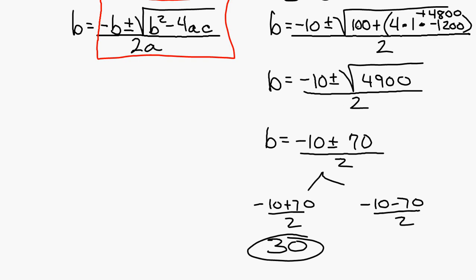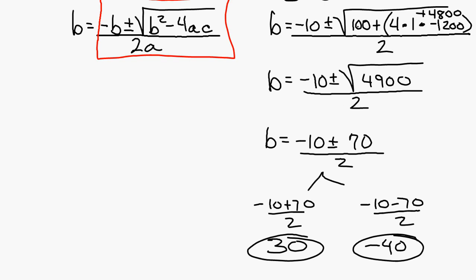Since you were solving for the base of a parallelogram, you're not going to use the negative 40, because you can't have a negative dimension in any kind of shape. Alright?